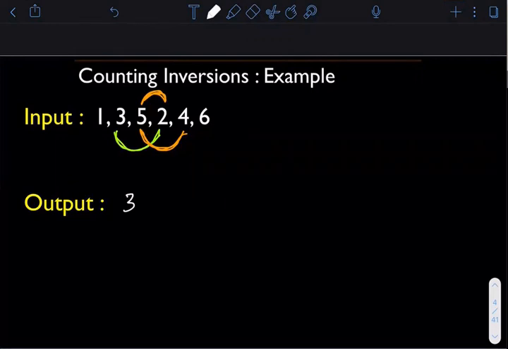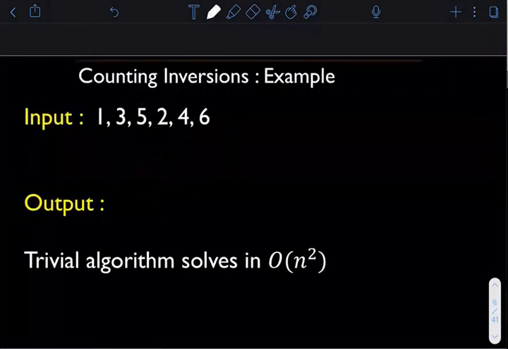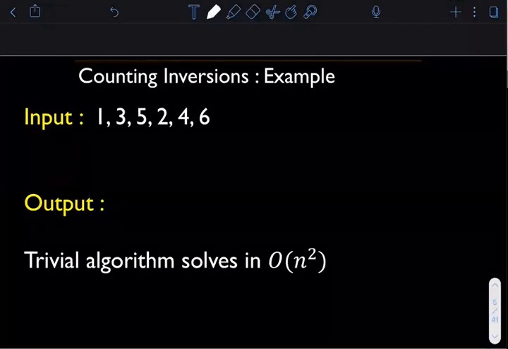Okay, great. So I guess many of us have already started to believe that this problem has a very easy naive algorithm which runs in something like order of n square. Why?